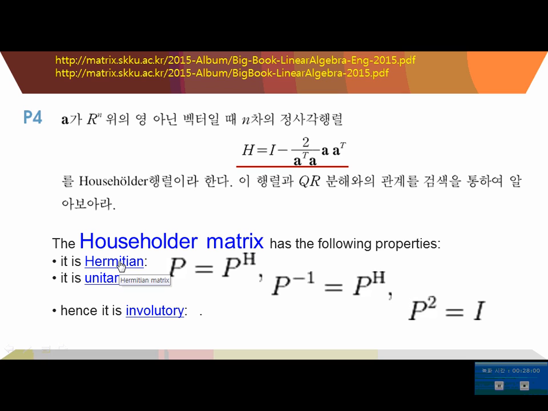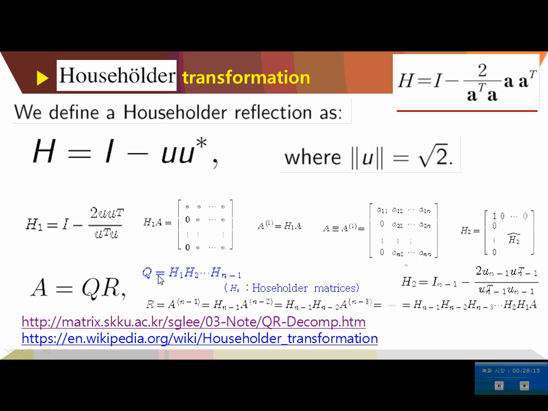Since it's a Hermitian matrix, the product of these Hermitian matrices, which was Q, is a unitary matrix, actually a real orthogonal matrix. Q was the product of these Householder transformations. So this is a unitary matrix, and this was an upper triangular matrix like this. So if we use this transformation, QR factorization can be done more effectively.